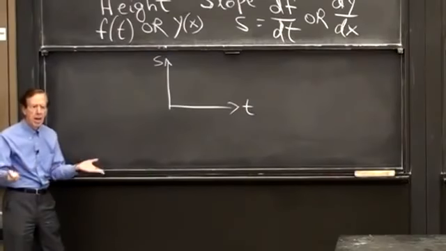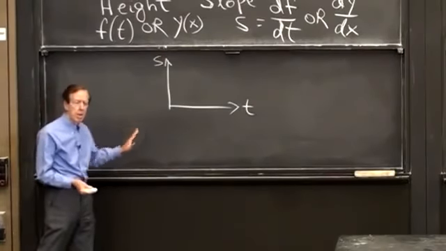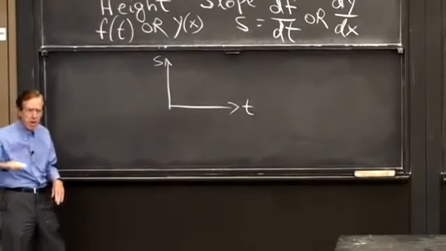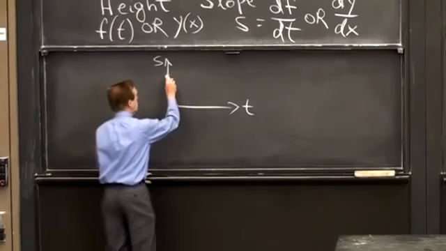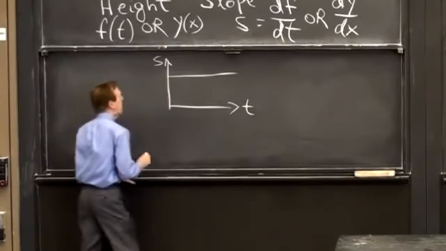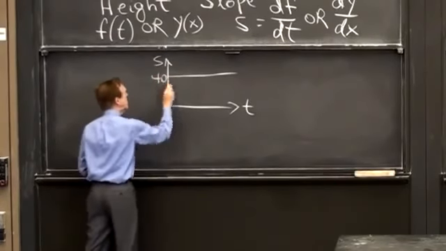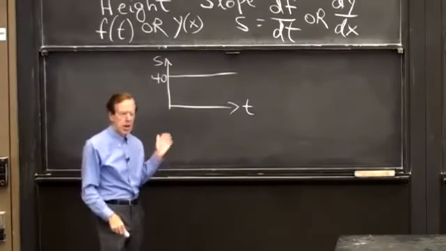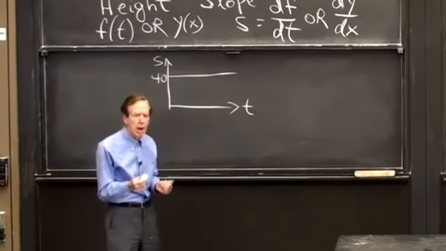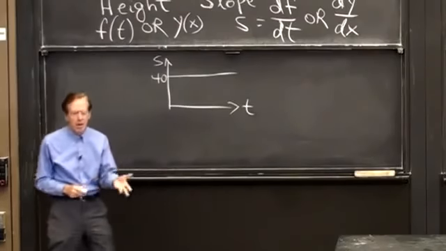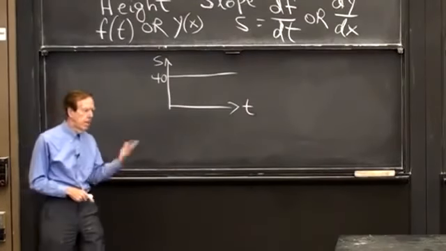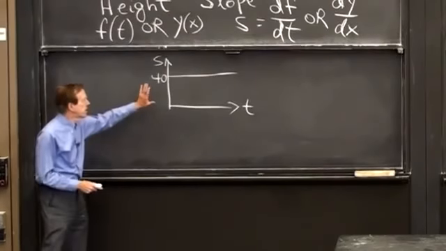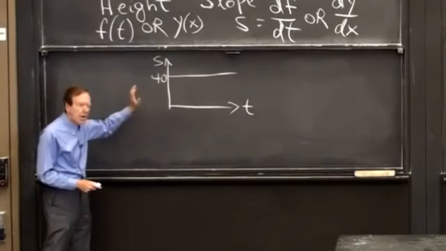And in this first example, the speed is the same. We're traveling at this constant speed of, let's say, 40. So it stays at the height of 40. Oh, I should add units like miles per hour or kilometers per hour or meters per second or whatever. For now, I'll just write 40.